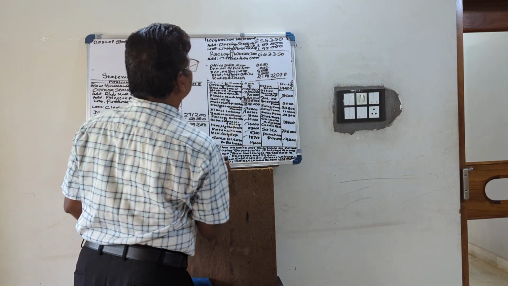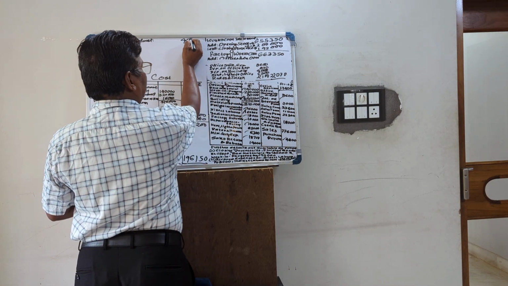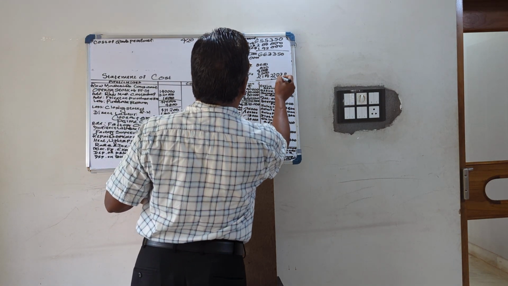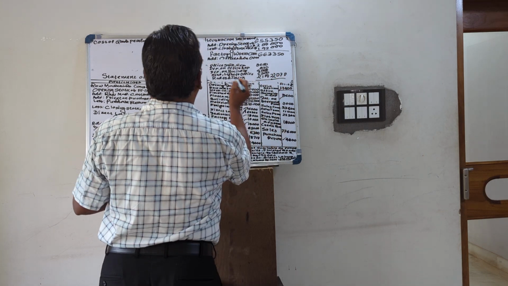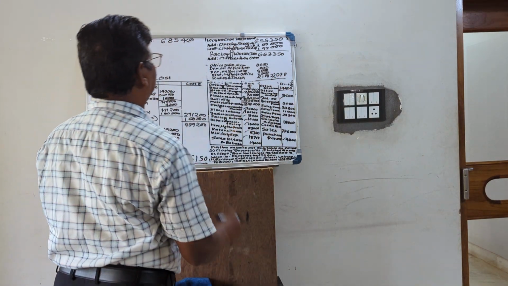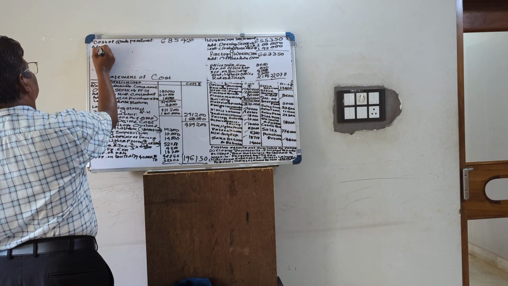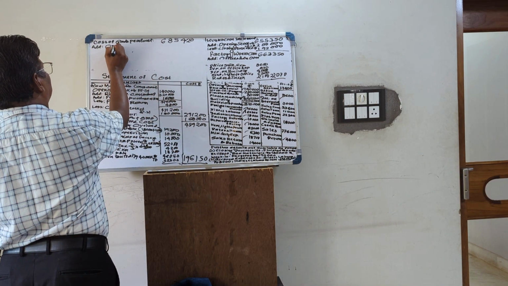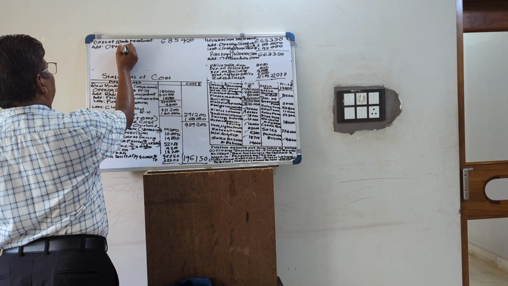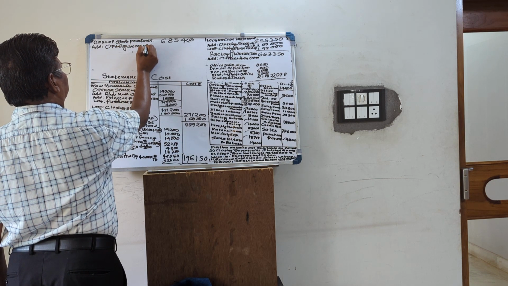So amount is 350 plus 70 means 420. Then 685. 6,85,420. Add opening stock of finished goods.